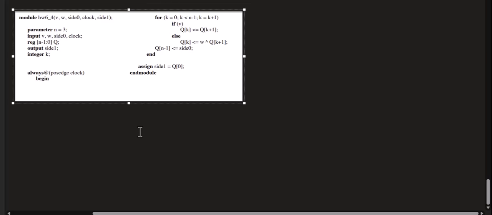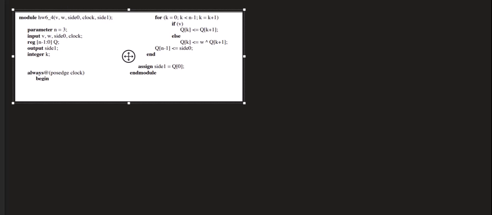Whenever you see a Verilog that looks like this, you can be pretty sure it's some kind of register, with as many flip-flops as it has in its for loop, telling you what's going on with the different flip-flops.